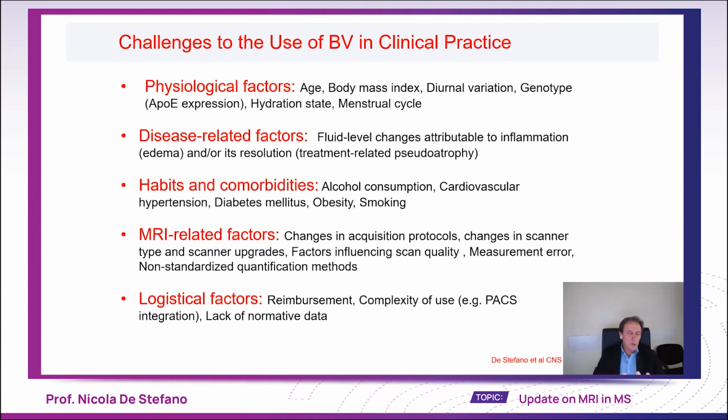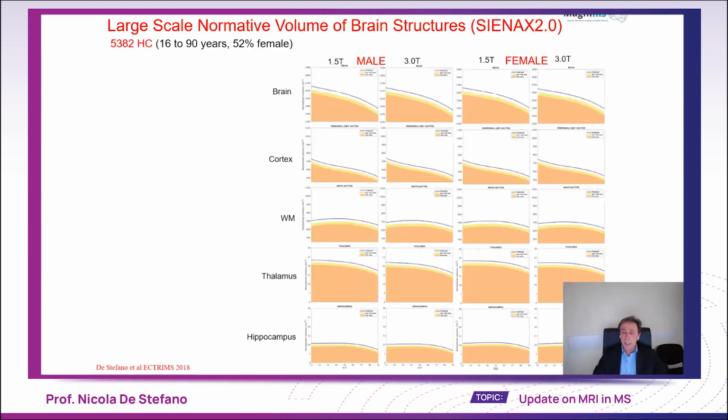I don't want to get into the technical and different factors. Most of them are technical factors, but also habits, comorbidities, and physiological factors can be confounding factors in the use of brain atrophy in the clinical ground, including the difficulties of measuring it.